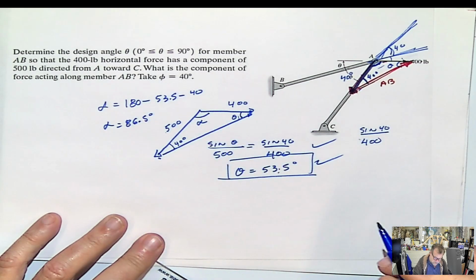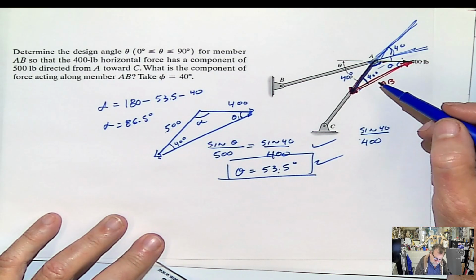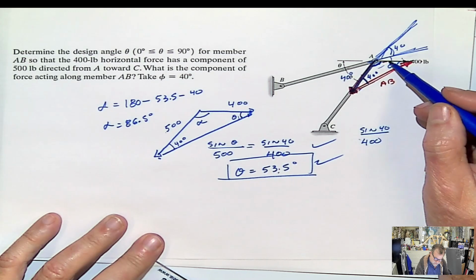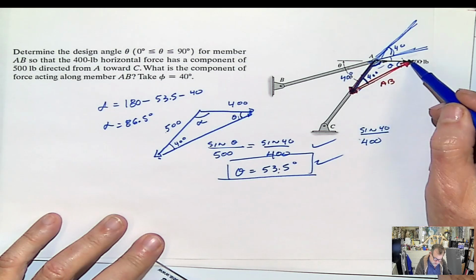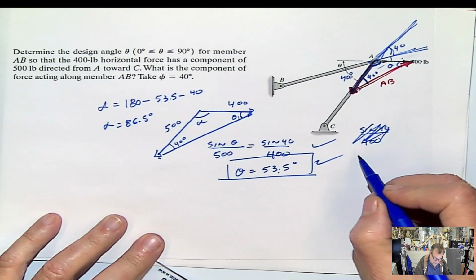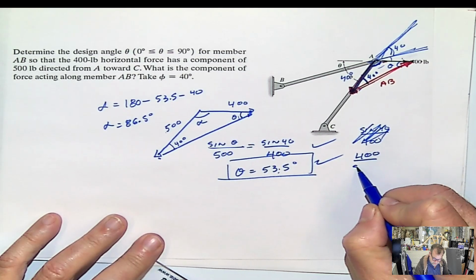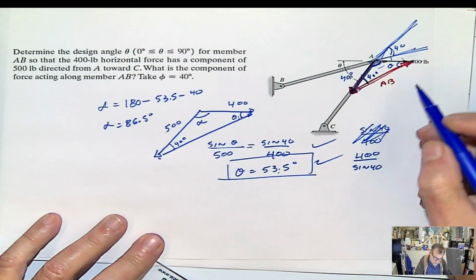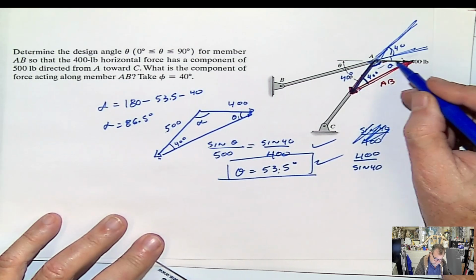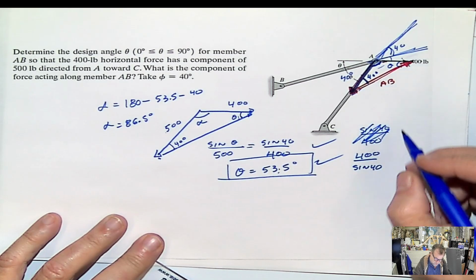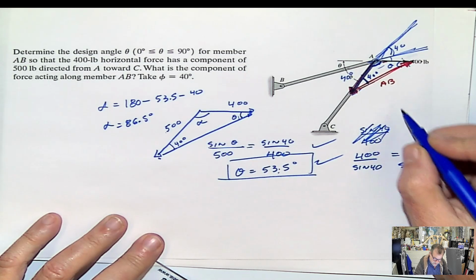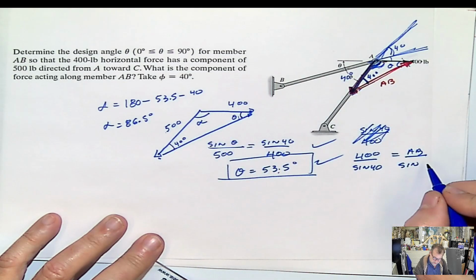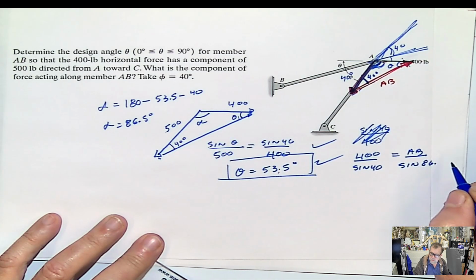86.5 degrees. So then I can say that sine of 40 divided by 400 has to be, or even better, 400 divided by sine of 40 has to be equal to AB divided by sine of alpha, and alpha is 86.5.